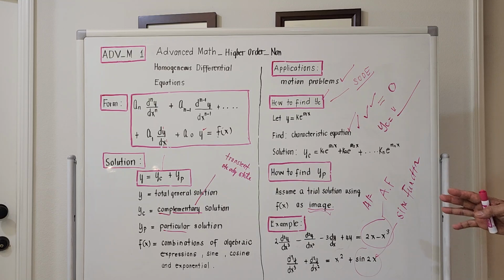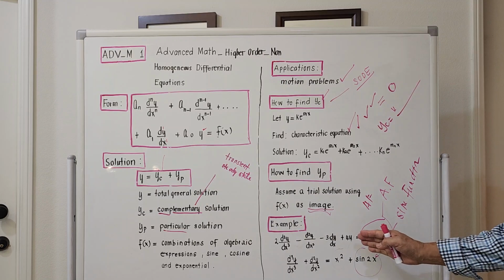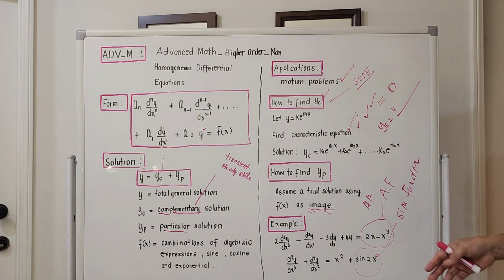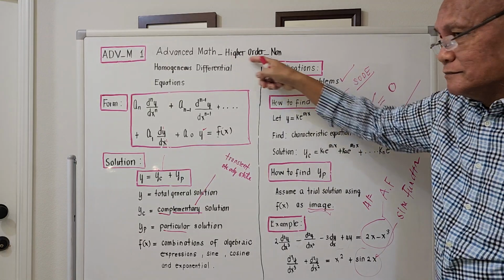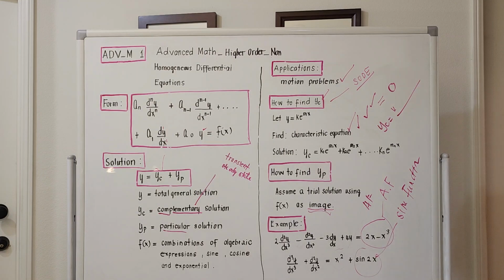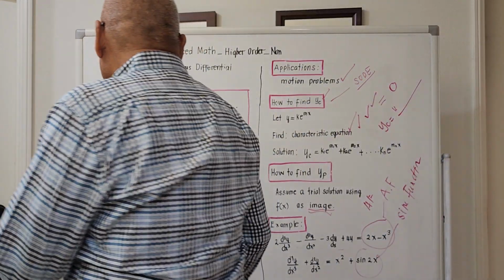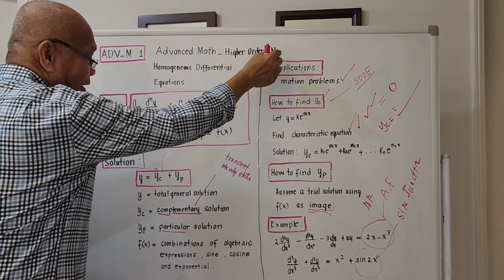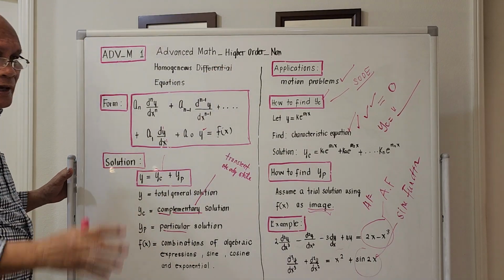If the given equation is non-homogeneous, the right hand side is not equal to 0, and the left hand side is a higher order derivative. Higher order means there could be a third differentiation, second differentiation, first differentiation, or even a fourth differentiation. That's why it is higher order, right? That's the introduction of advanced mathematics, and the first topic for tonight is the solution of a higher order non-homogeneous differential equation.